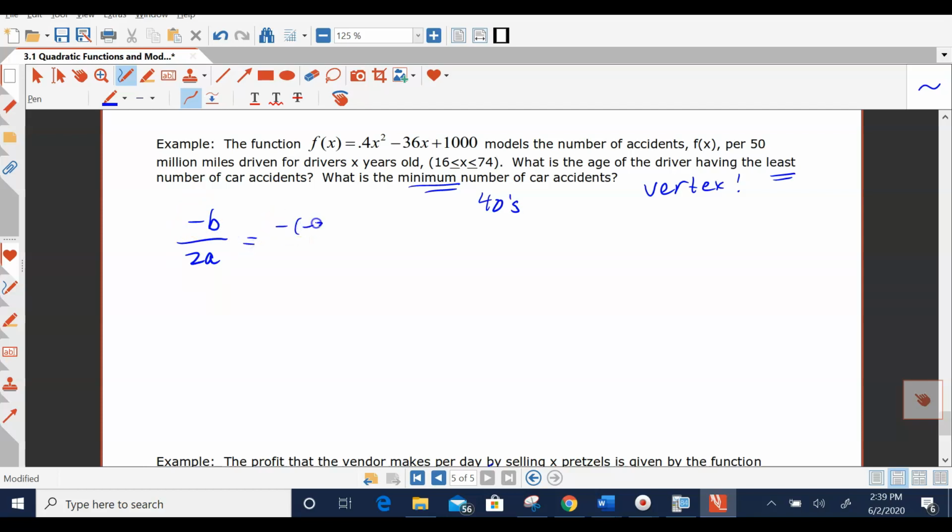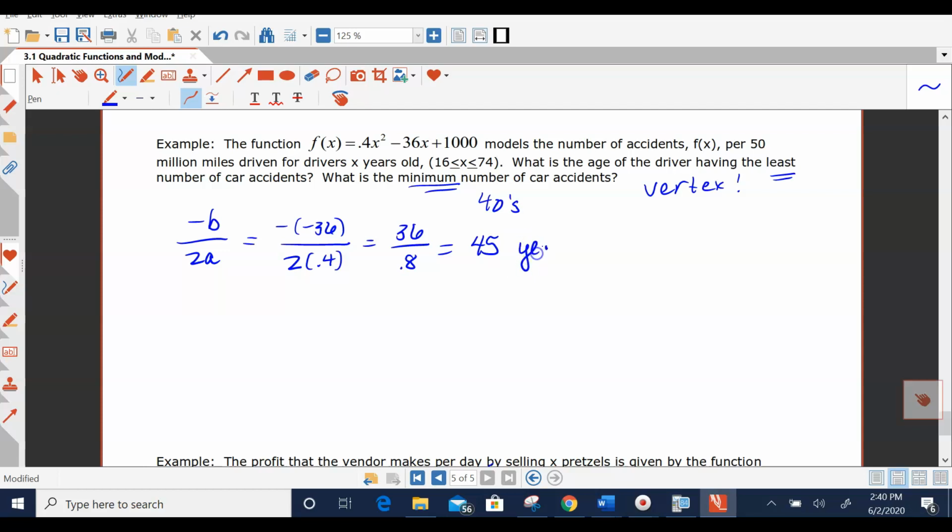So I have a negative 36 over 2 times 0.4. So that'll be 36 divided by 0.8. Make that calculation. When you make that calculation, it comes up to be 45. And remember, 45 is my x value, and that represents the age of someone having the least number of car accidents. Remember early I guessed it would be someone in the 40s, so it's actually 45.